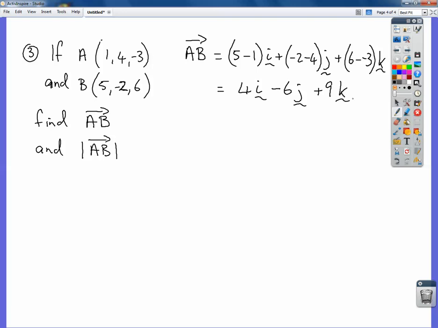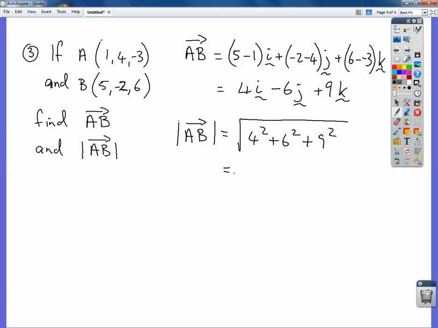Now there's my vector from A to B in three-dimensional space. Let's find the magnitude of that vector. The magnitude of that vector is the square root of 4 squared plus 6 squared plus 9 squared.